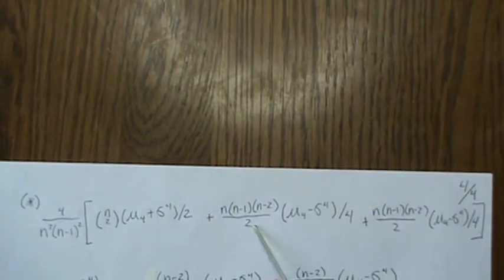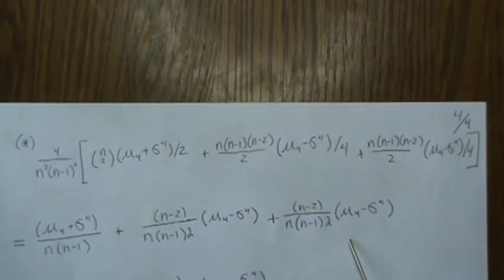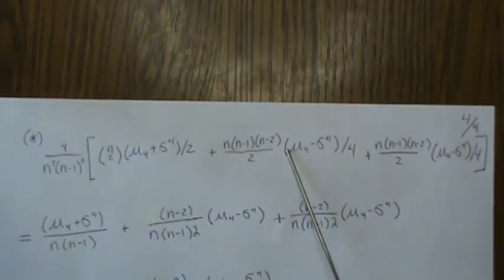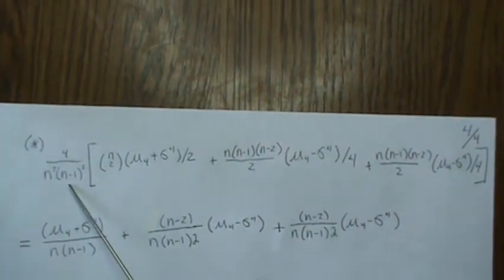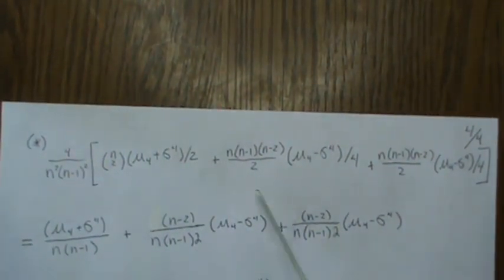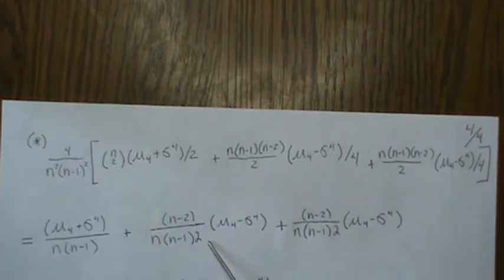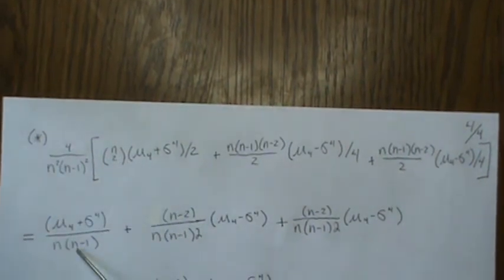This is identical to that, so we can combine them. So it's 2 times one of those, so the 2's cancel. And then this reduces to this, with that multiplied in. So this multiplied in gives us this, and that multiplied in gives us this.